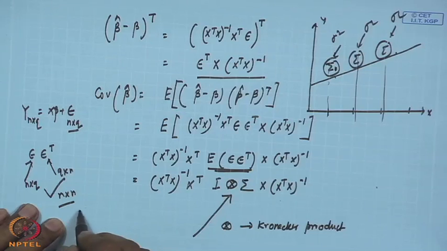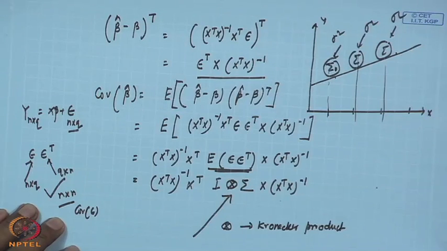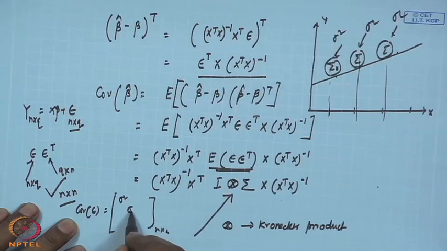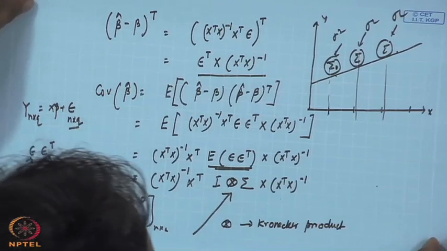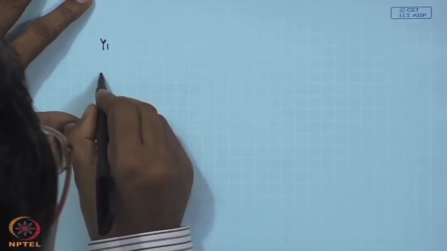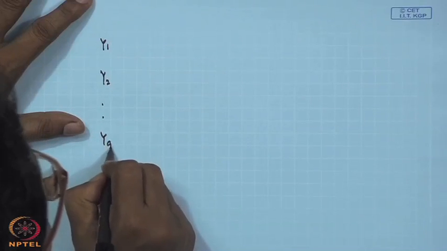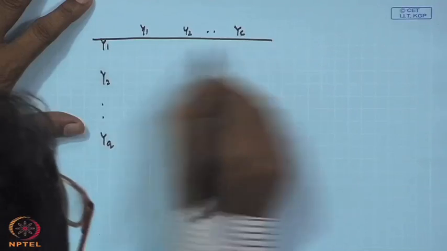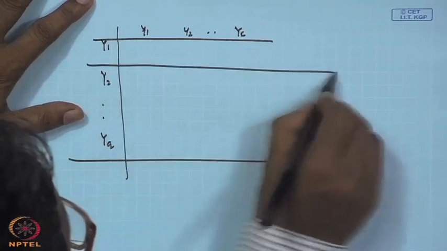Now, when we create the covariance matrix of epsilon for multiple regression also, we get n cross n, but here the diagonal element will be sigma square, because for every element of that error the variance is sigma square, and off diagonal definitely will become 0. So, in this case what is happening? Suppose I have y1, y2, similarly yq, this side also y1, y2 like yq. So, see what is happening here.